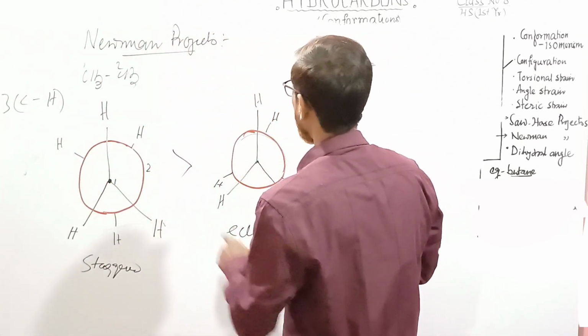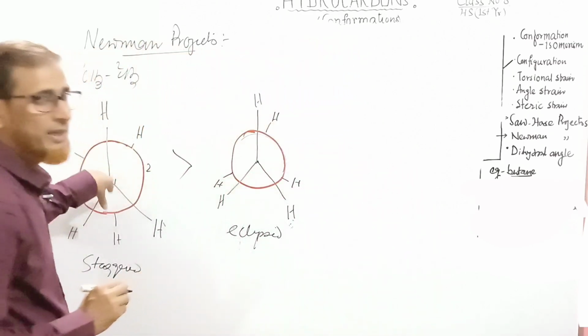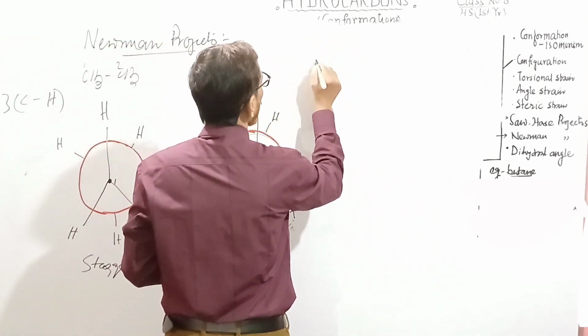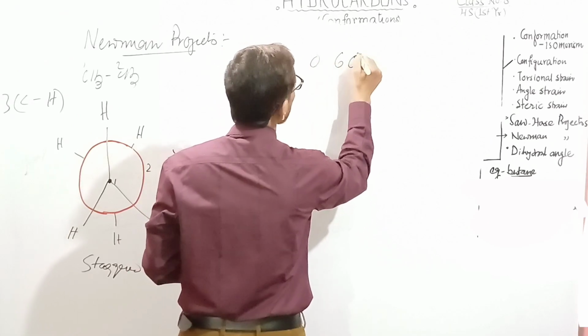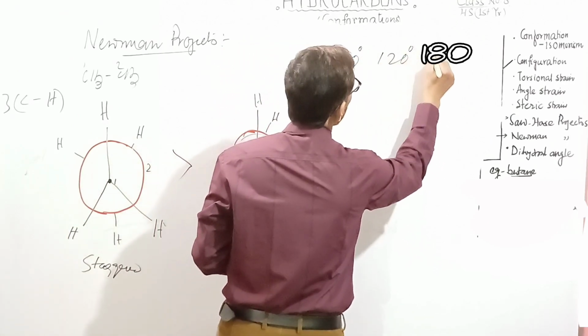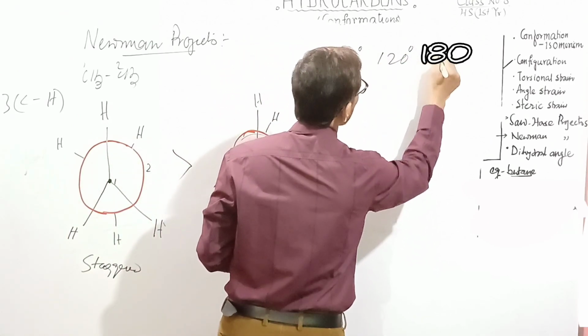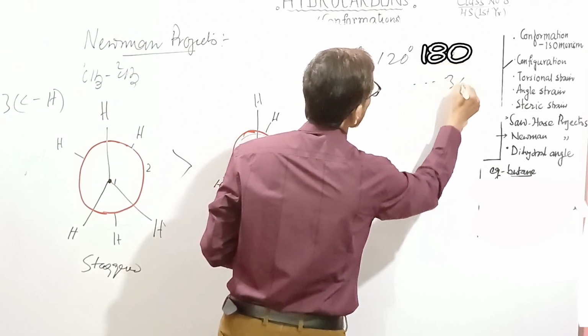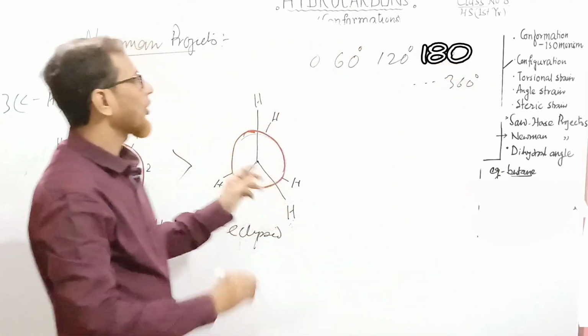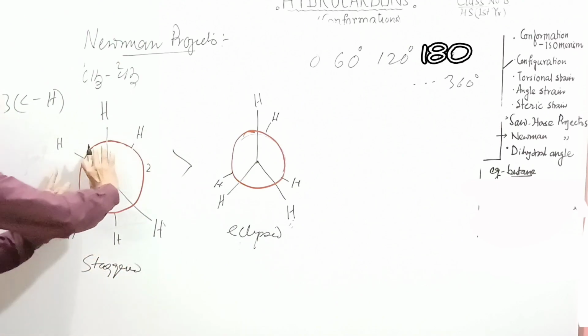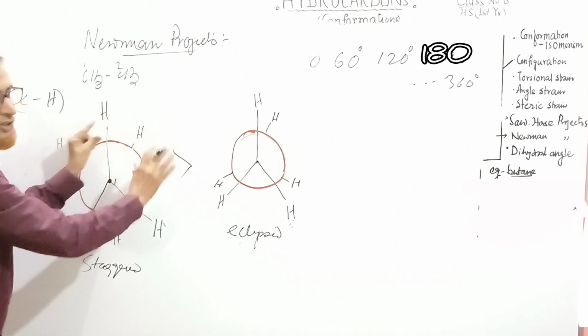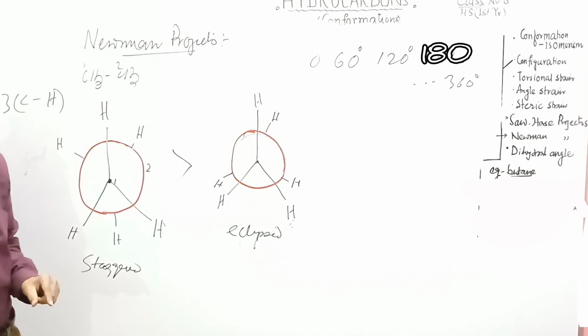When we rotate the carbon to 0 degree, 60 degree, 120, 180, 240, like this, up to 360, a lot of possibilities are there. Carbon 2 we can rotate by 60, 60, 60, 60. Am I right?